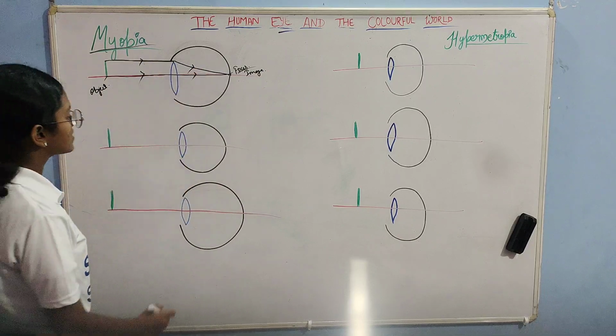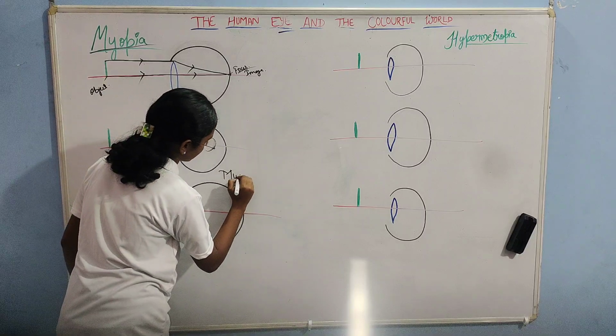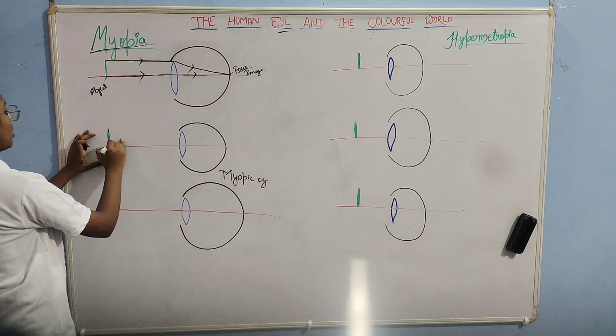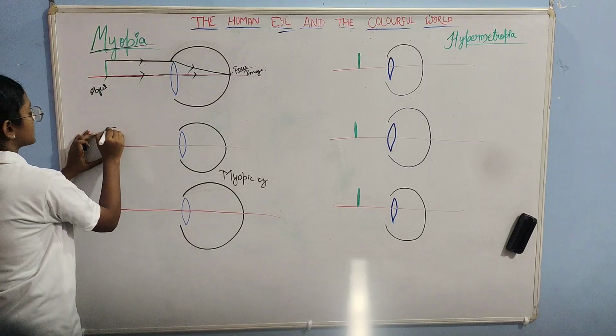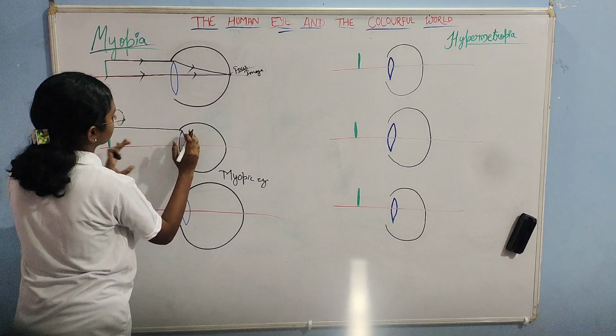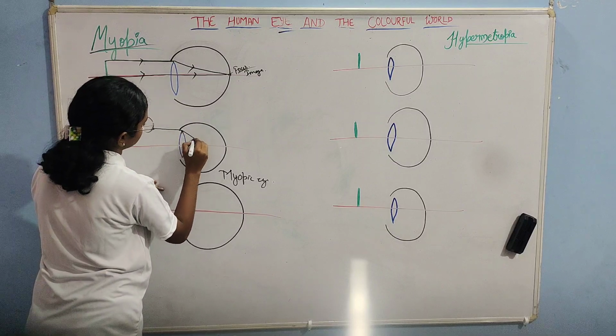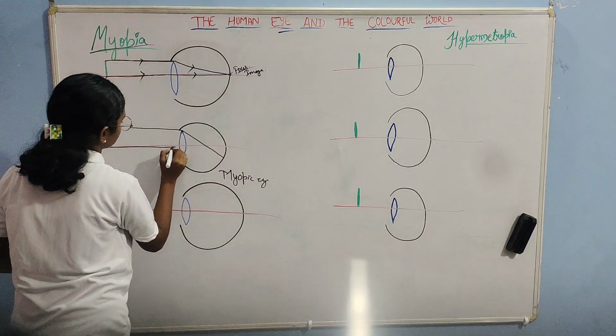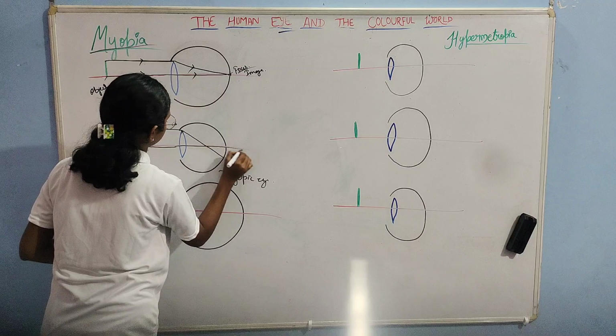And what actually happens in a myopic eye? This is the object. The light rays will move through here. Because of this convex lens, it gets converged here. And another ray will pass through like this.